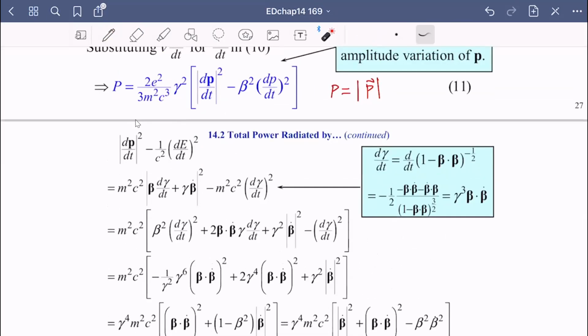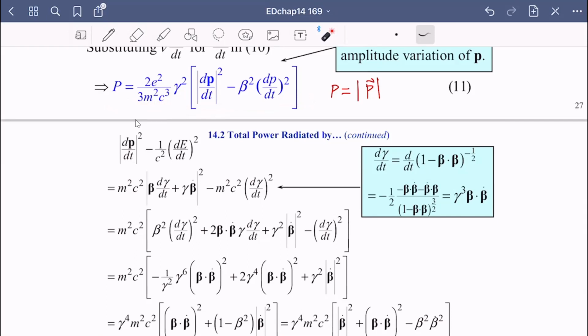You have expression 11, expression 10, but it's still not good enough because in expression 11, we have gamma, we have P, we have beta. Too complicated, too much notation. Can we simplify the notation? Okay, so let's simplify the notation again.